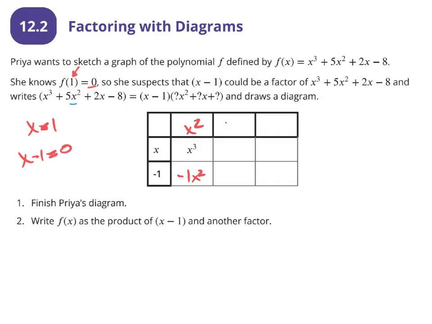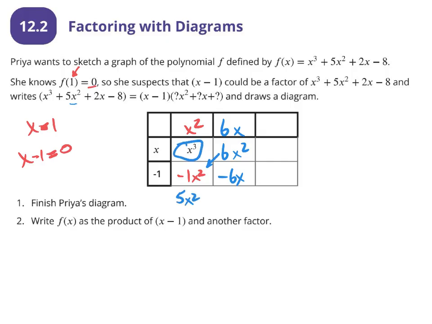So let's try 5x. 5 times x is 5x squared. 5 minus 1 is 4, so that doesn't work. So we've got to go higher. So we'll go to 6x. 6x times x is 6x squared. 6x times negative 1 is negative 6x. That adds to make 5x squared.